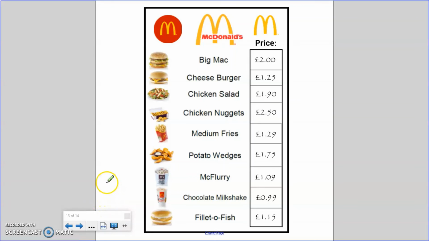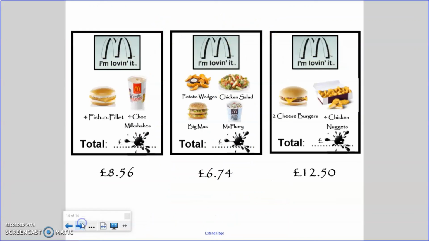The final thing to talk about is the 3 values that we're missing. So we did have 3 receipts which had some information but did not have a total. So 4 fish fillets and 4 chocolate milkshakes would have made a grand total of £8.56. This receipt here has 4 items.